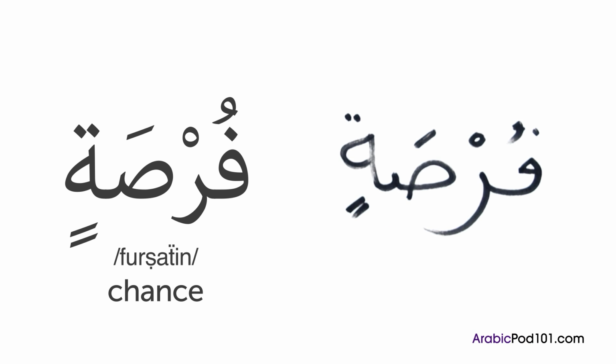Fursatin, chance, with a dhamma on the Fa, a sukun on the Ra, a fatha on the Sad, and the tanween kasra under the Ta Marbuta.